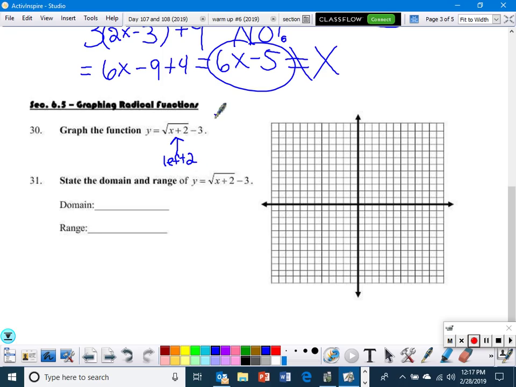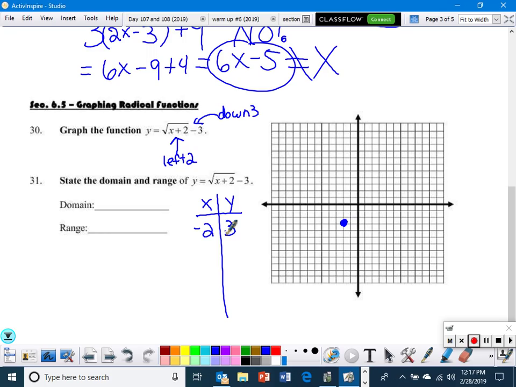And this minus 3 means down 3. So this graph is going to start right there. Left 2, down 3. So I could make a little table here. So negative 2, negative 3 is going to be the starting point.